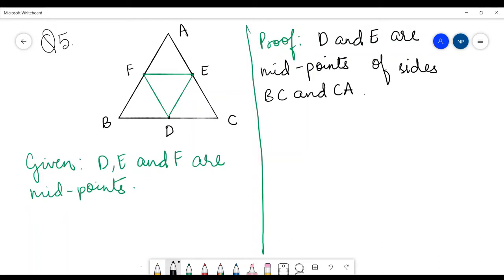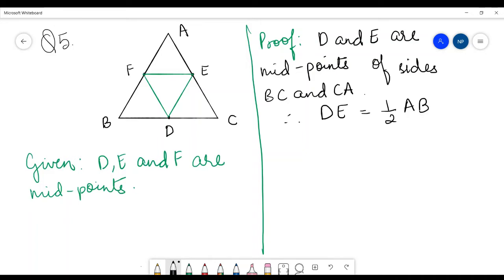So over here we can write, therefore, DE. Where is DE? This is DE. We can write it as half of AB.